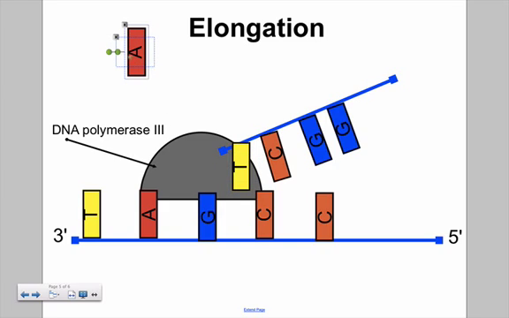This process happens very quickly, and this DNA polymerase can read hundreds and hundreds of base pairs per second. So this is very fast, and DNA polymerase is really good, and it hardly ever makes a mistake. One thing that limits DNA polymerase, though, is the direction it can go. If you notice, I have a 5' here and a 3' here.